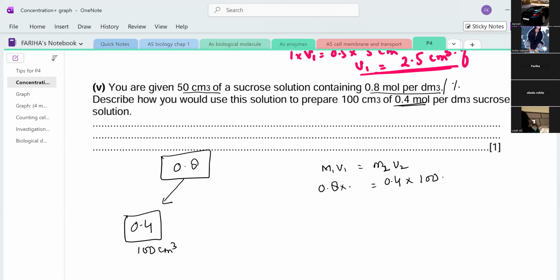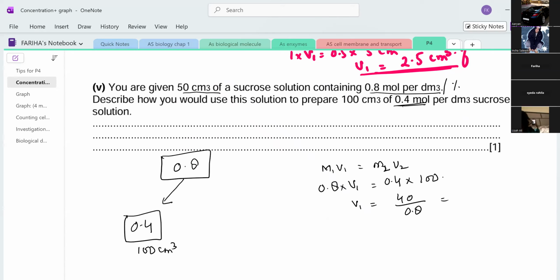Very good. So volume of the stock solution that we need to find out: V1 is equals to 0.4 times 100 is equals to 40, 40 divided by 0.8 is equals to 50.